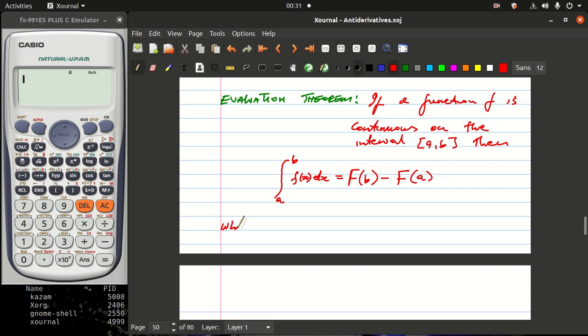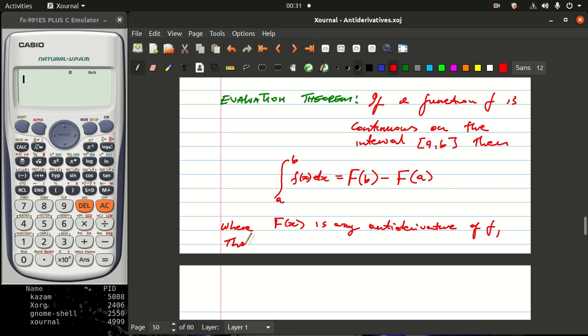Let me just write here, where capital letter F of x is any antiderivative of f.